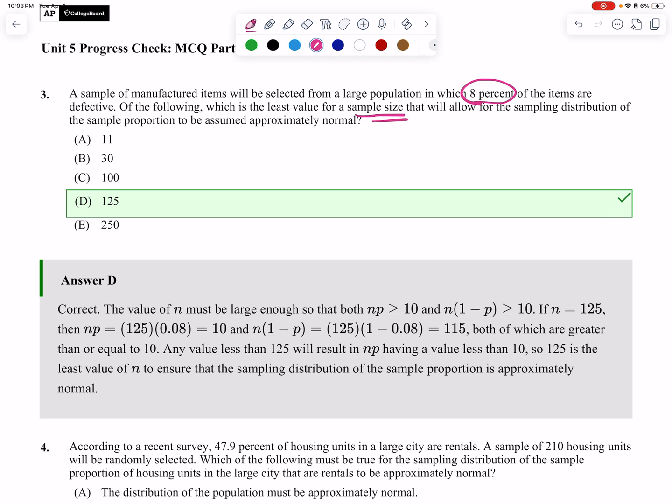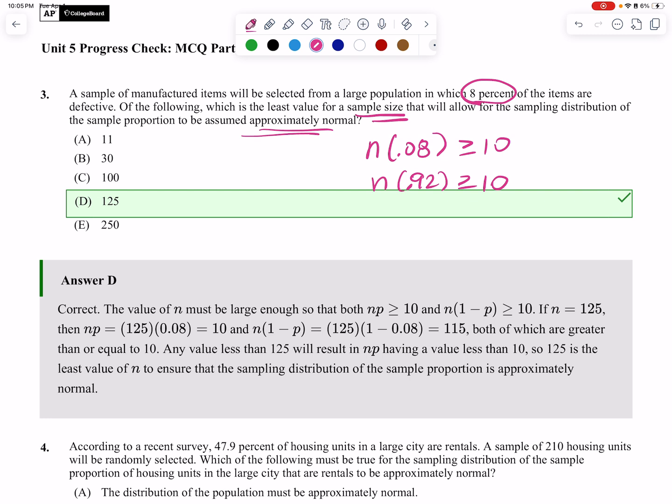Okay, so you need NP, with P equal to 0.08. In order to be approximately normal, remember we have to have NP greater than or equal to 10, and N(1 minus P), which is 0.92, has to be greater than or equal to 10. This is the only way that I can have this be normal.